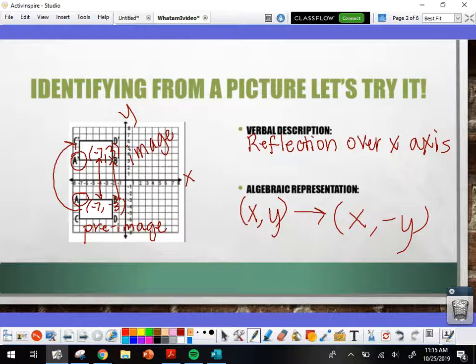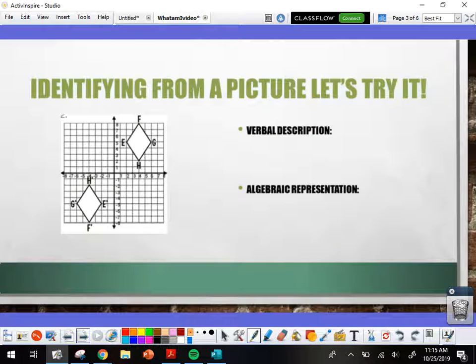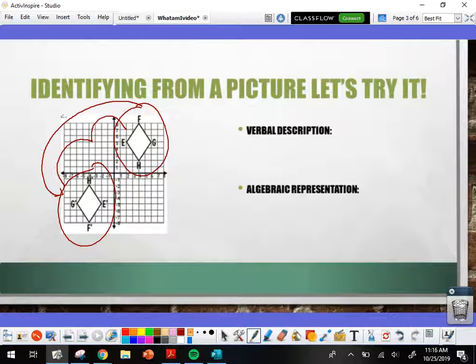So taking a look at this next shape, it's moved as well. And we have to decide how it moved. So it starts here and it moves to here. So it turned 2 quadrants, which is 180 degrees.